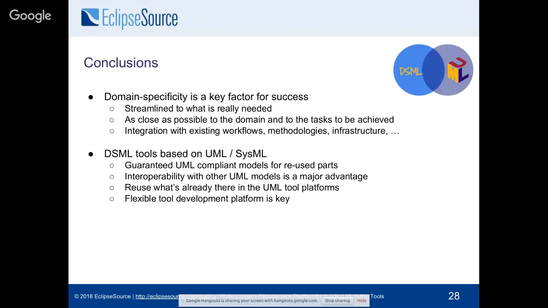Eclipse is very, very flexible and very customizable, so you can hide things that you don't want your users to see. You can add your toolbars, your views, your particular wizards, actions, and so on to really support the user in their workflows and to help them to achieve their goals with modeling, and not only to help them to model, but to achieve their goals with the models.